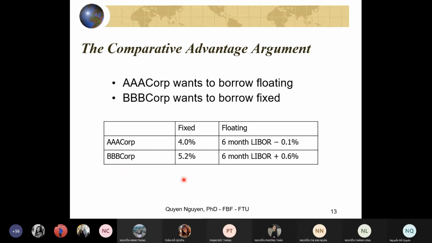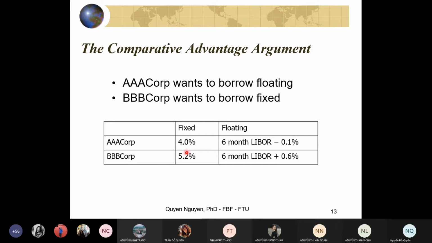But when we look at the difference between the fixed rate and the floating rates, we can find the comparative advantage at a certain rate for a certain corporation. In this case, we consider AAA and BBB corporations.